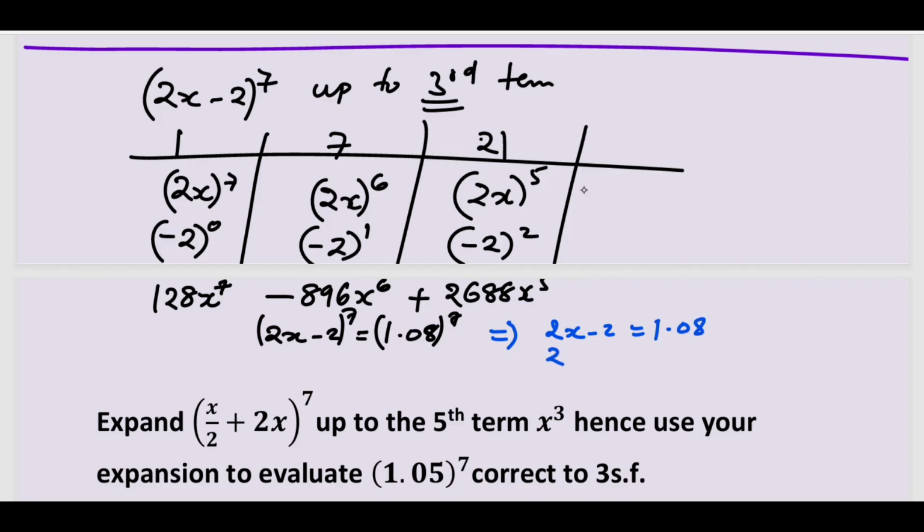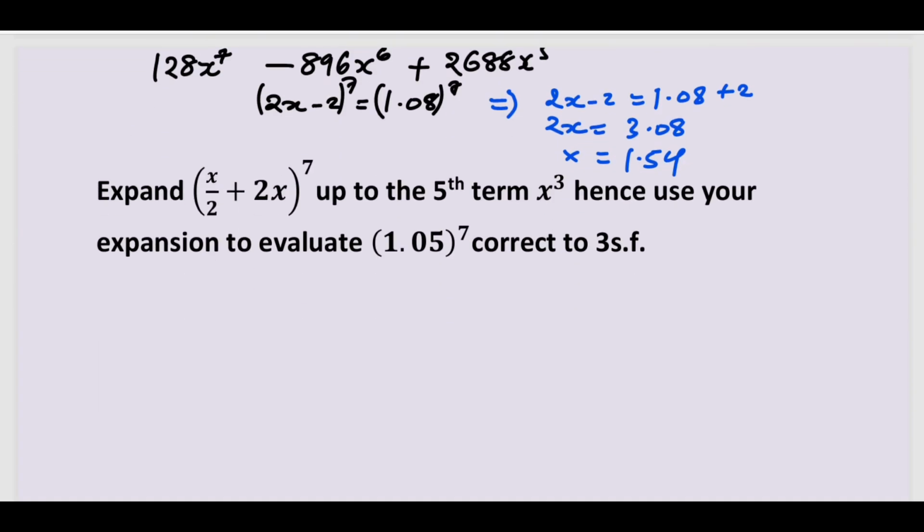That means 2x is 3.08, since the negative 2 crosses over and becomes plus. So what is x? x is 3.08 divided by 2, and that gives us 1.54.